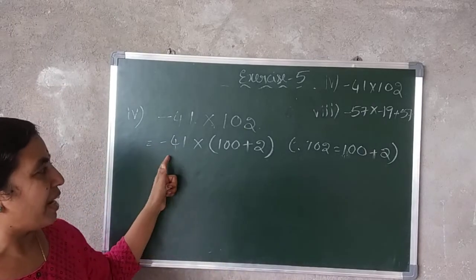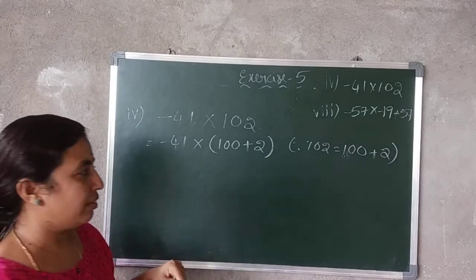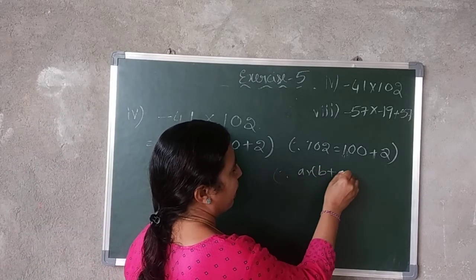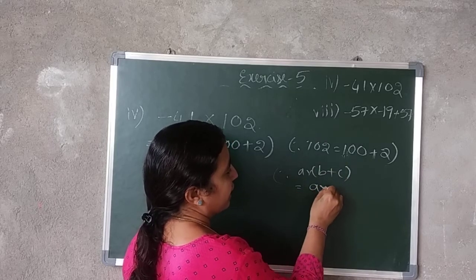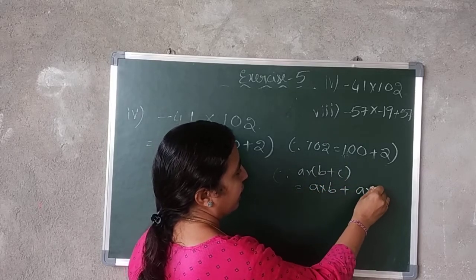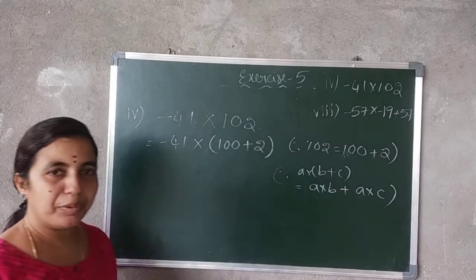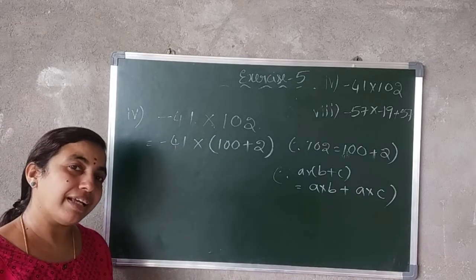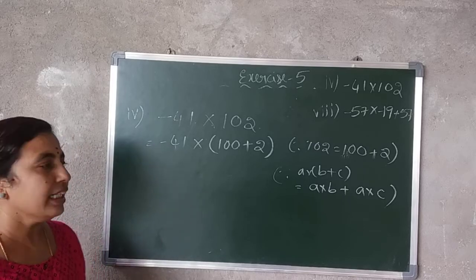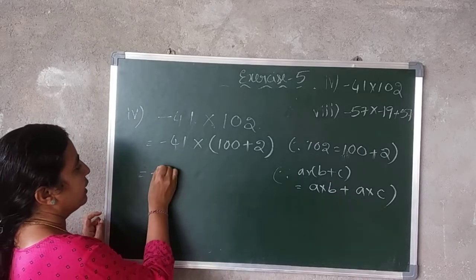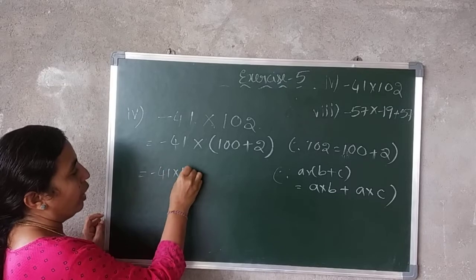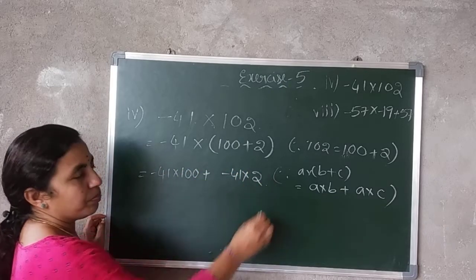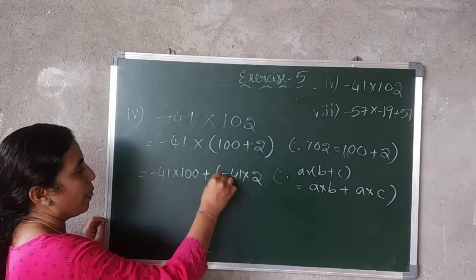Now, this is the form of A into B plus C. A into B plus C can also be written as A into B plus A into C. By the distributive property, A into (B plus C) is equal to A into B plus A into C. So this can be written as minus 41 into 100 plus minus 41 into 2.